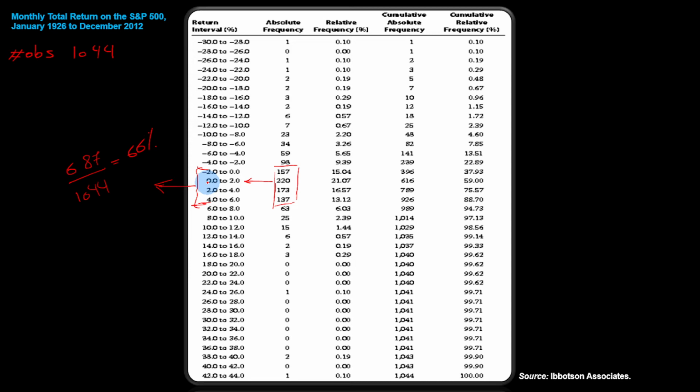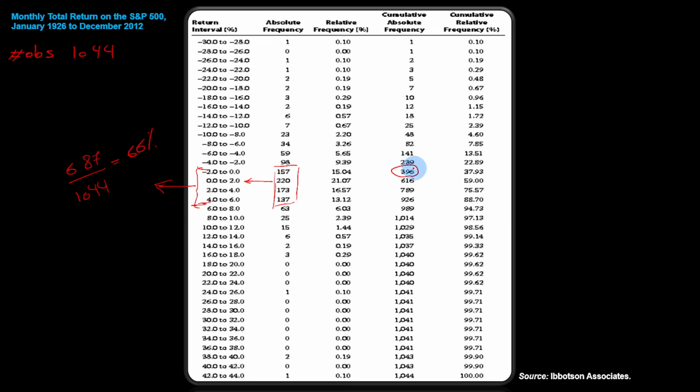For example, in the S&P 500 case, minus 2 up to 0 means we are not including 0, so everything over here is negative, right? And if I go across, seeing the cumulative absolute frequency column, I can see it is 396. So what does that mean? That means 396 of the monthly returns are negative, less than 0, right?